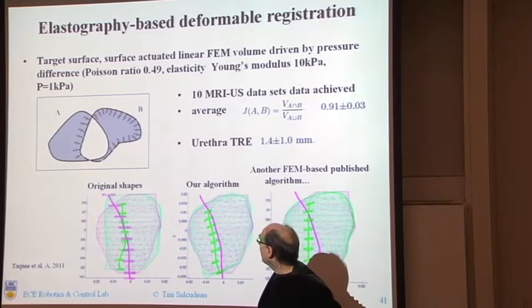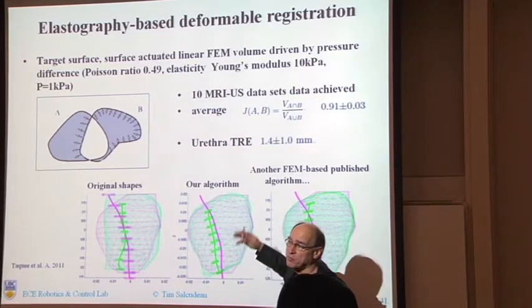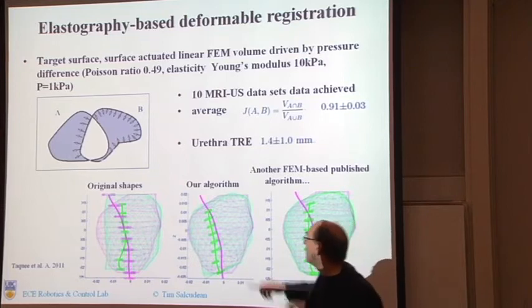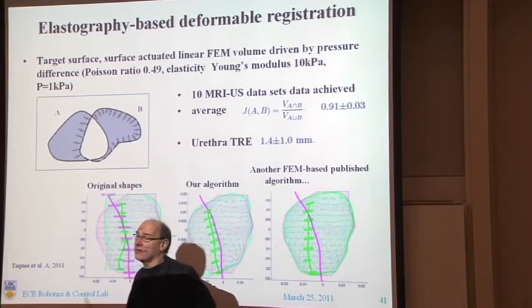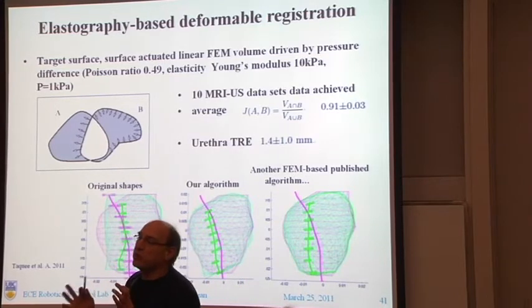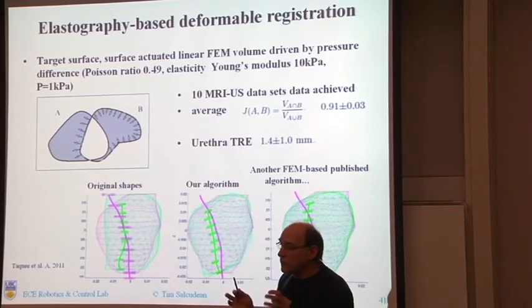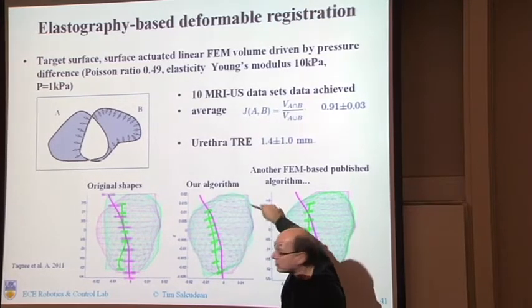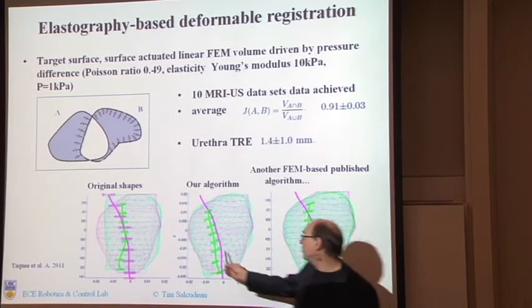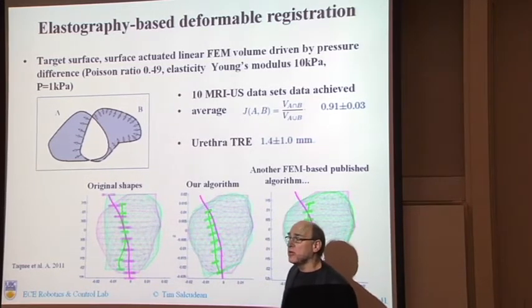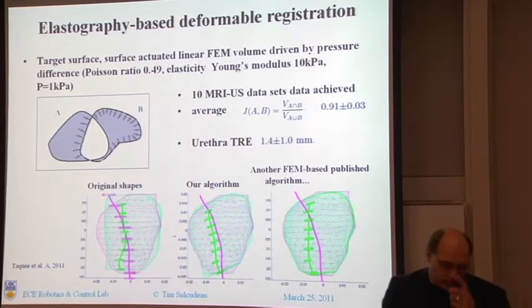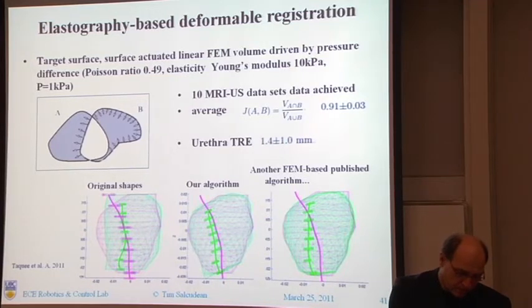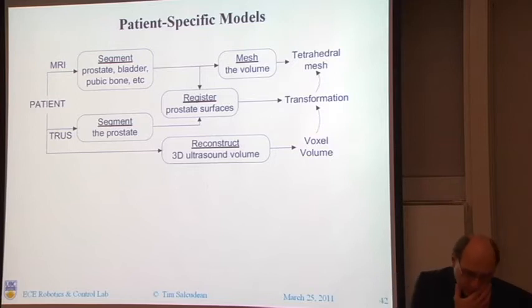In our algorithm, we actually use realistic values of the prostate elasticity, and realistic values of the forces, which generate equivalent forces that correspond roughly to what gravity forces would be on the prostate. And from that, we also get a similar match of the boundaries, but now when you look at the target registration error, you get significantly better values. And we have done this with 10 patients. We have another 10 patients, the subject of the thesis of one of my students.